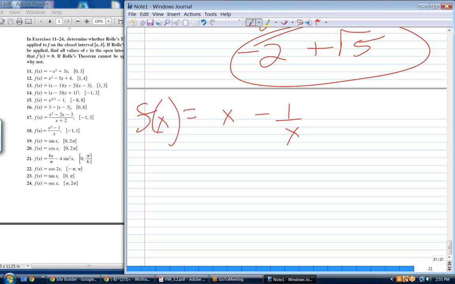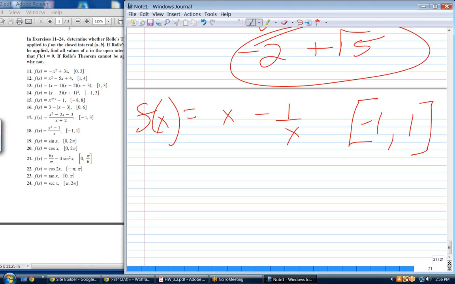I don't know if that's helpful or not. And the interval is minus 1 to 1. Now, when we plug in minus 1, we get 0, and when we plug in 1, we get 0. So f of a is equal to f of b.